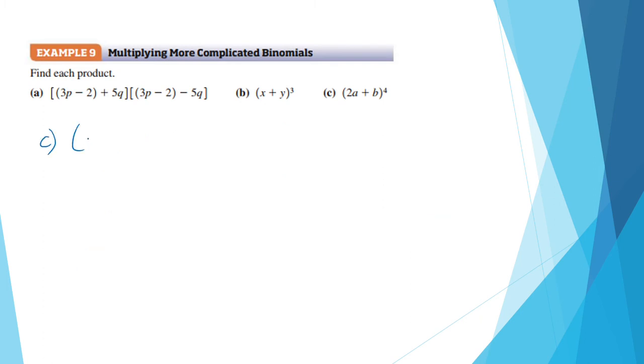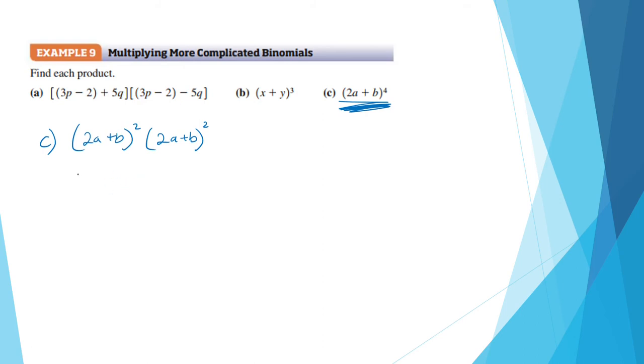Part C, we have (2ab) quantity raised to the 4th power. So I'm going to break it up into two smaller products. Let's break it up into (2ab) squared times another (2ab) squared, because we know if we multiply these, we get the exact same thing back, the 4th power.